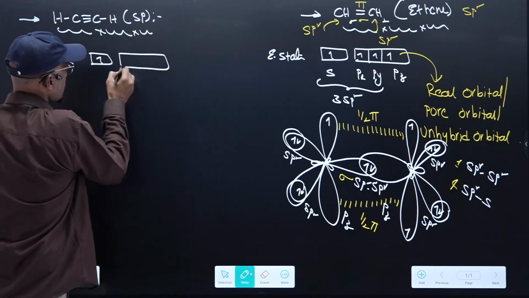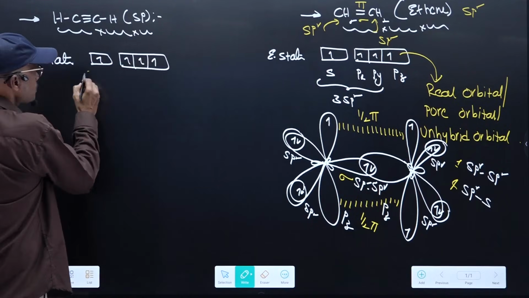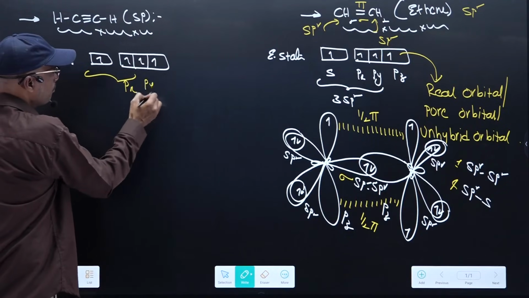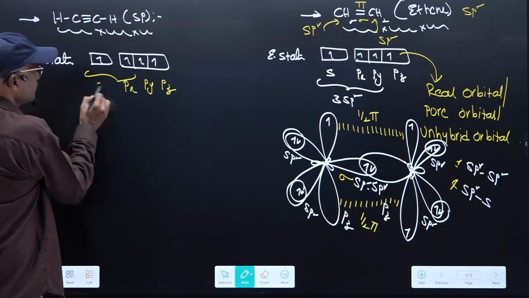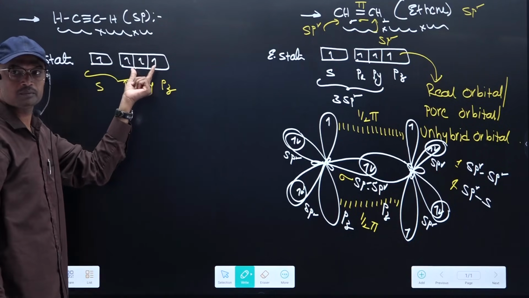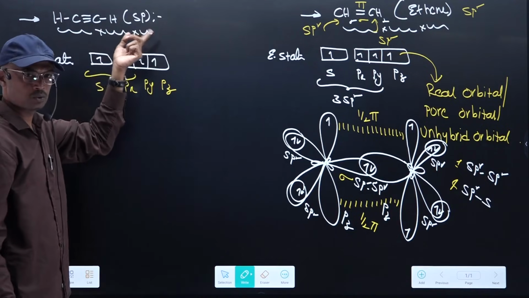One electron in the s orbital, the remaining 3 electrons in the p orbitals. Now I am intermixing one s orbital and one p orbital only. This is px, py, pz. So I am not intermixing these two. How many real orbitals? 2 real orbitals for one carbon. 2 carbons, 4 real orbitals.